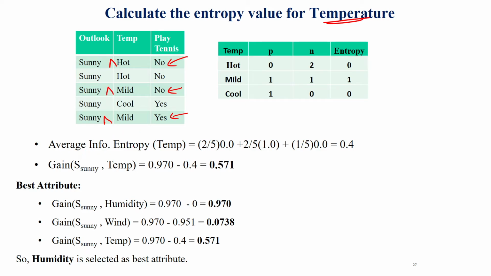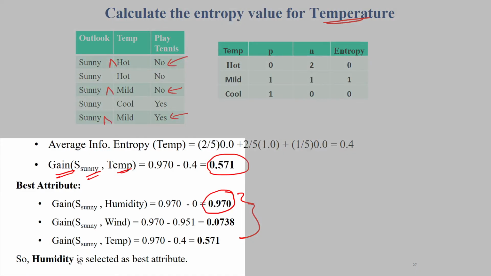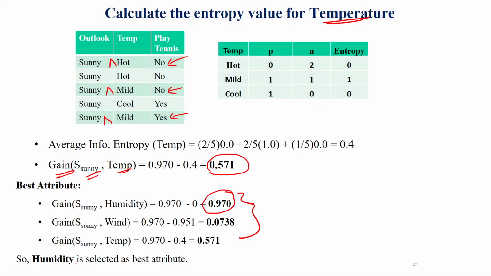So substituting the values, you will get the information gain 0.571 when outlook equal to sunny and temperature. So now we are comparing which one is contributing more information gain. 0.97 is contributing more information, so that is selected as the best attribute.